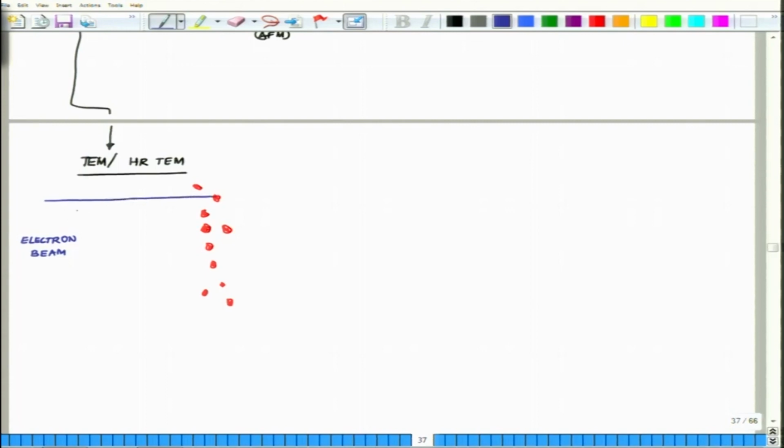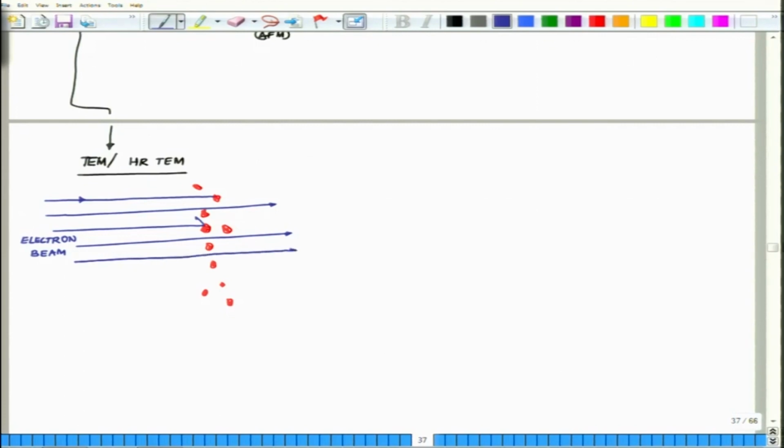When you shoot the electron beam, if it gets obstructed here, some of the beams will move like this, some like this, like this, like this, and on the back you are having a plate where you are imaging it.